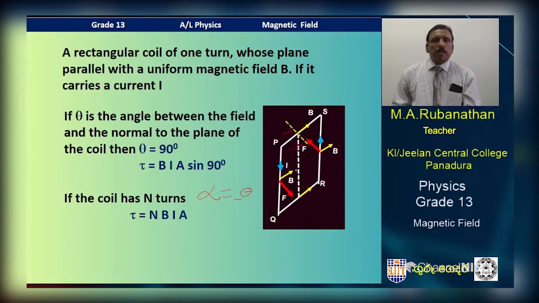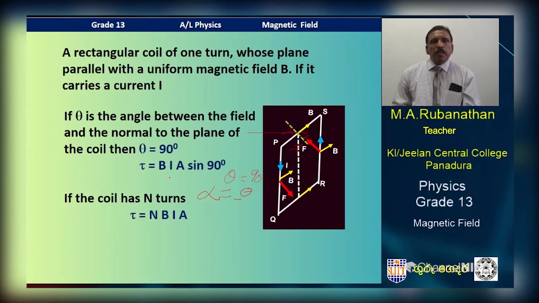So this normal is making an angle of 90 degrees with the field. This angle is 90. So we take this as theta, as in the earlier one. Therefore, theta is equal to 90.